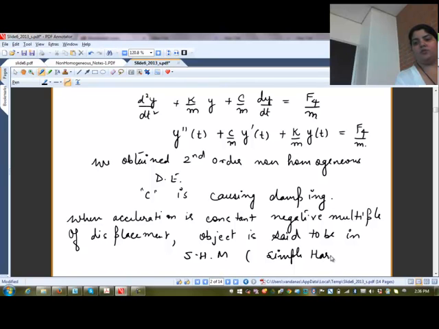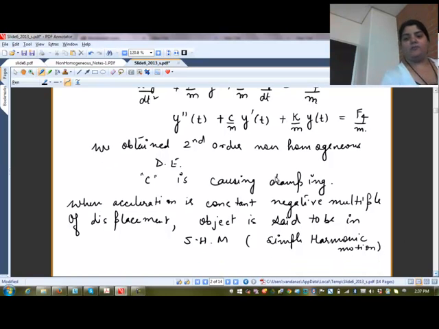Simple harmonic motion. So now let's solve this differential equation, breaking it into all possible cases: when external force is not there, or external force is there but there is no decay, and all those kinds of things. Then once you have examples, you can apply each case to that scenario.